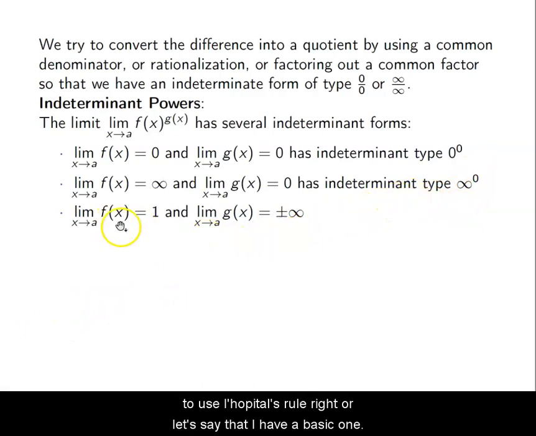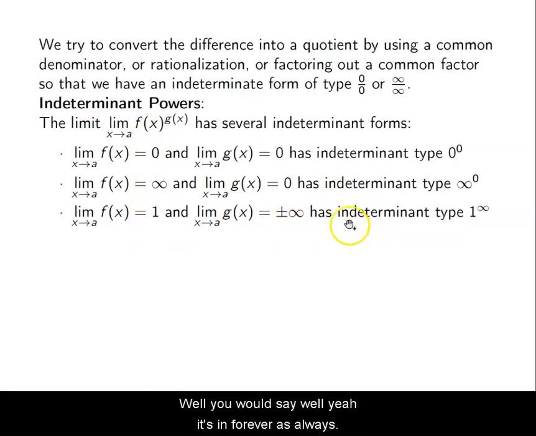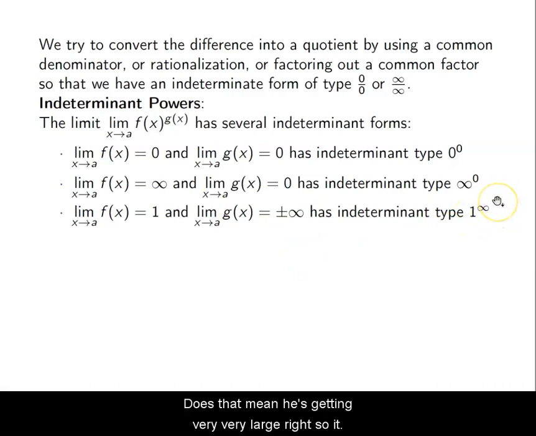Or let's say that I have a base of 1 to a power of infinity or negative infinity. Well, you would say it should just go to 1, because 1 times 1 times 1 forever is always 1. But my function isn't 1. It goes to 1, and this function goes to infinity. So does that mean it's getting very, very large? So this one is indeterminate as well.